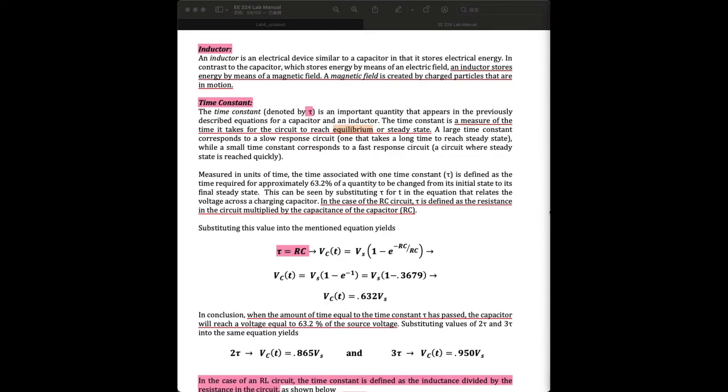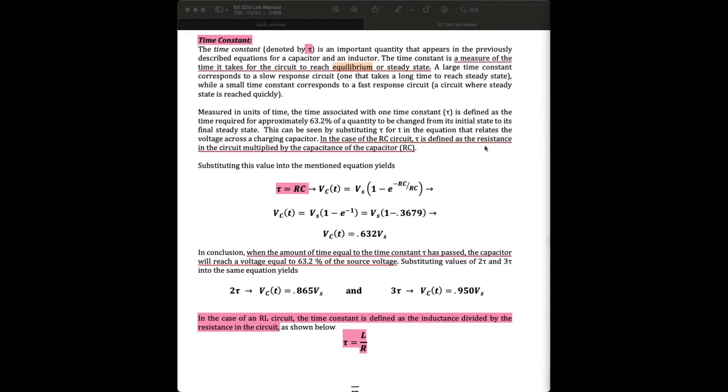Next important point is time constant. So what is it? Time constant, often denoted by tau, is a measure of the time it takes for the circuit to reach a stable state. For an RC circuit, which is built by a combination of resistor and capacitor, tau is defined as the resistance in the circuit multiplied by the capacitance of the capacitor.